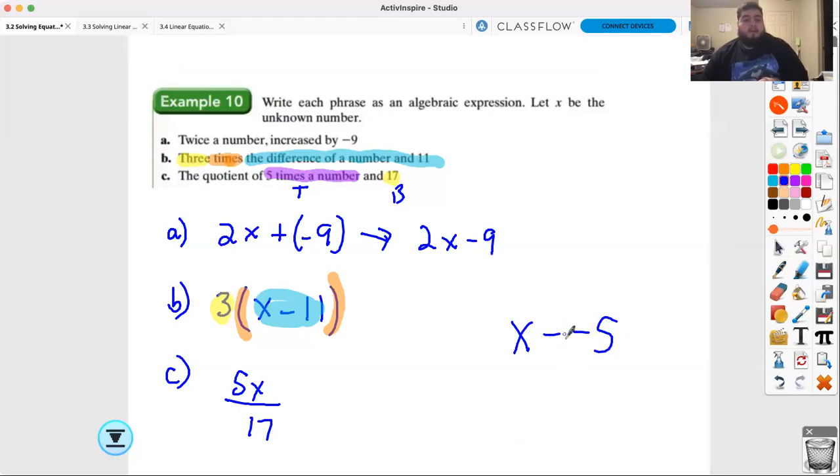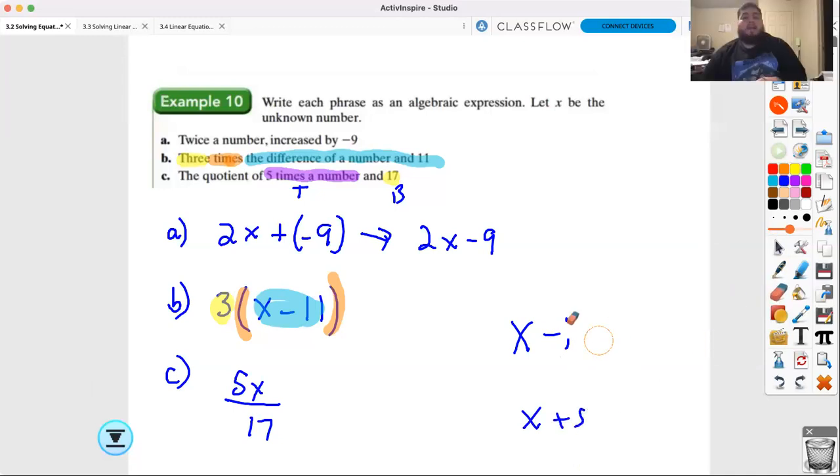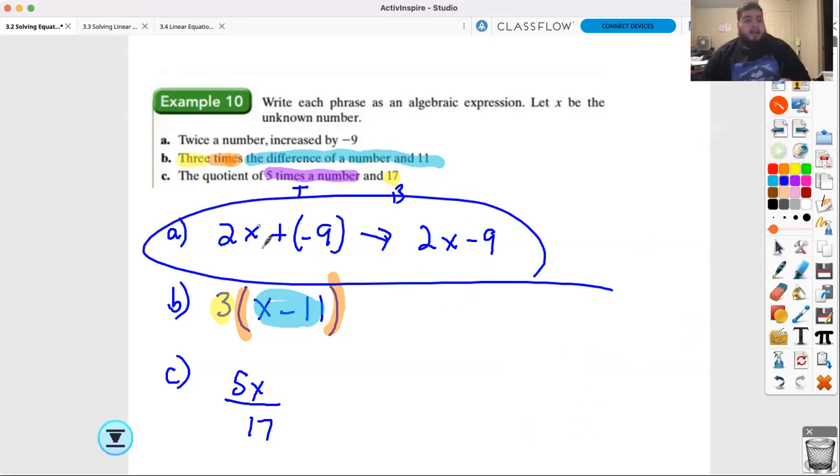Remember, two negatives make it what? Positive. So it'll be x plus 5, okay? Okay. Thank you. That's my question. Always write it out the way they say it, but simplify it the same way I did A. Look at A. I was increased by -9, but do we really increase by negative numbers? No, right? So does that answer your question, Nicholas? Yeah, that's the answer. Thank you.